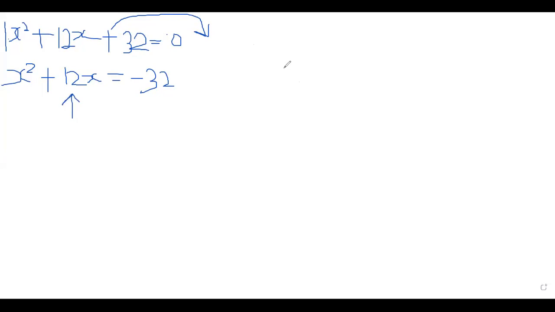So half of 12 is 6, right? So the square of 6, we are going to add to both sides.